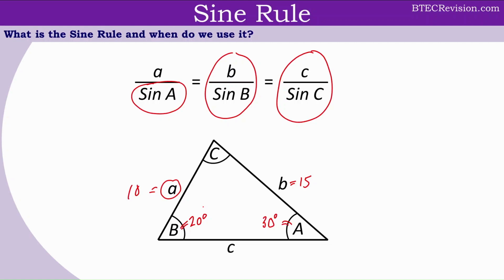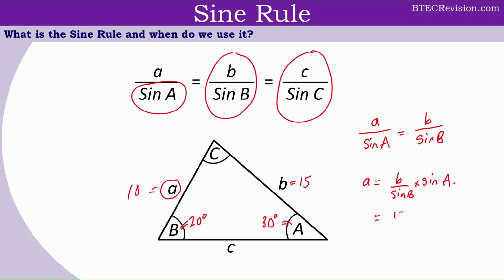Now we can use the equation where we take A divided by sine A is equal to B divided by sine B. We can rearrange this equation to make A the subject, so that's A equals B divided by sine B times sine A. Now we can just plug in our values.